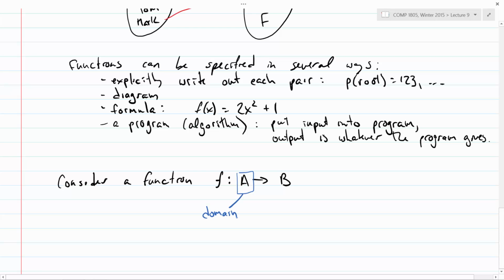So the input set is called the domain. The output set, B, is called the codomain. So if you look at the definition of the function, the domain is the thing on the left of the arrow, the codomain is the thing on the right of the arrow.